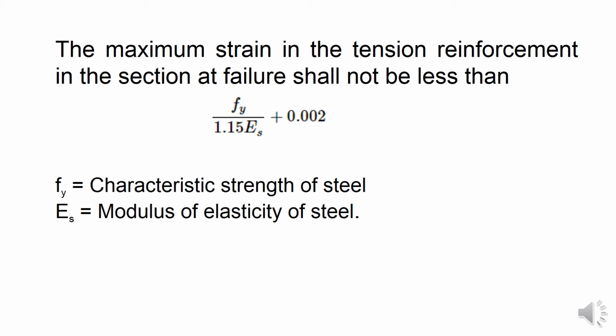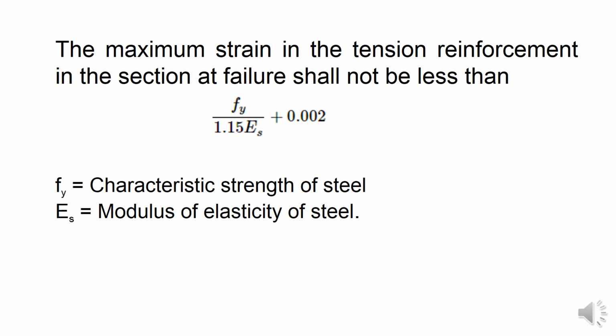The maximum strain in the tension reinforcement in the section at failure shall not be less than fy divided by 1.15 Es plus 0.002. This is the strain that should not be less than this value.